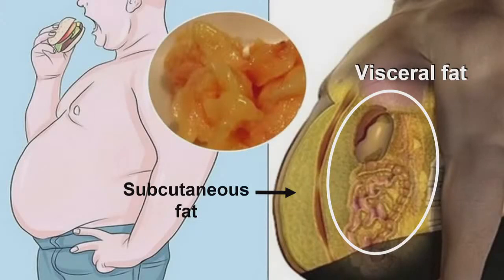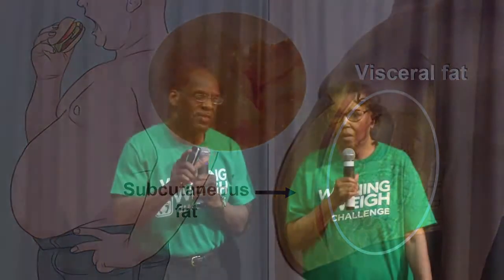This is actually a disease called simply fatty liver. In that circle, you have the heart, cardiovascular heart disease. You have the stomach and colon, stomach cancer. All within that circle. Visceral means internal fat. That's the fat that's most dangerous.